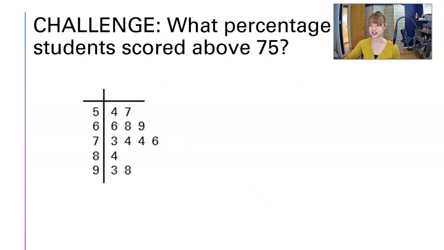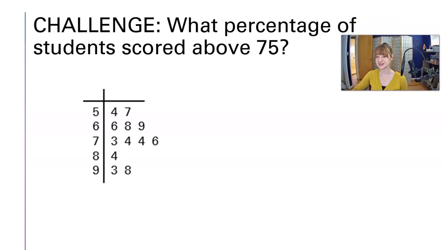Extra challenging question, what percentage of students scored above 75? So this is the same data set. We still have 4 students that scored above 75. How do we calculate the percentage? Well, percent is the number of interest, or the number in question, over the total number.